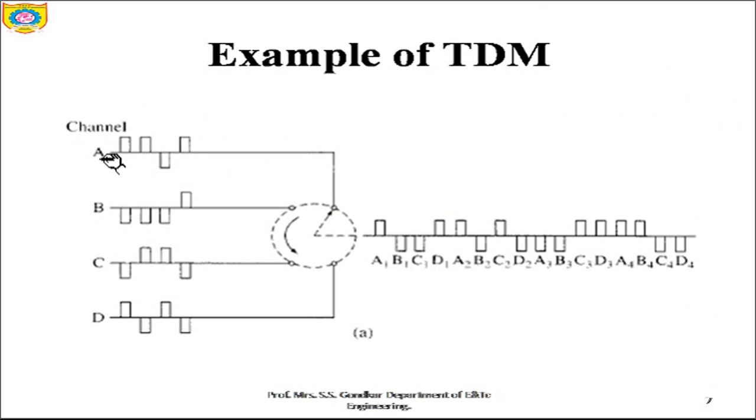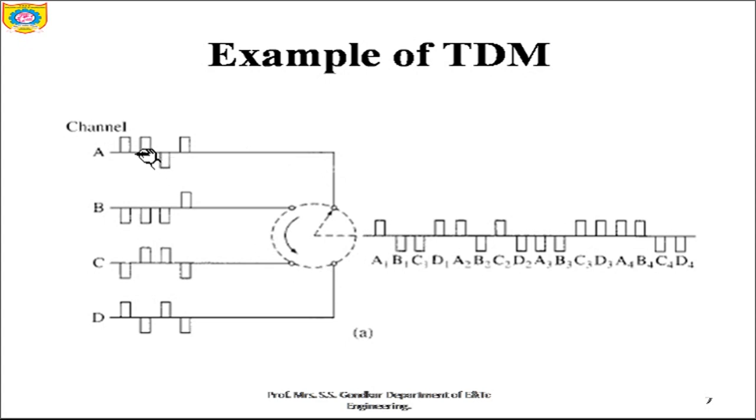I am calling them user A, B, C and D. So this is your information that you want to transmit, and this is a switch. Each time this switch will be switching to the different users, like it will be at user A, user B, user C and user D. Accordingly it is going to move.